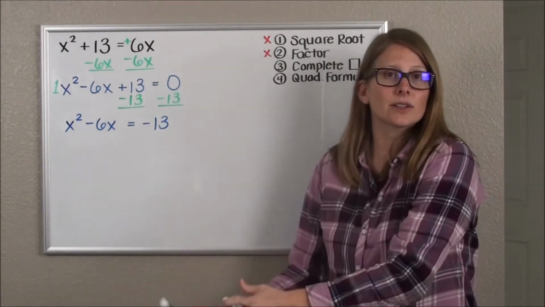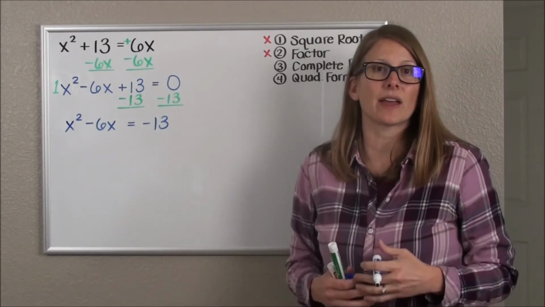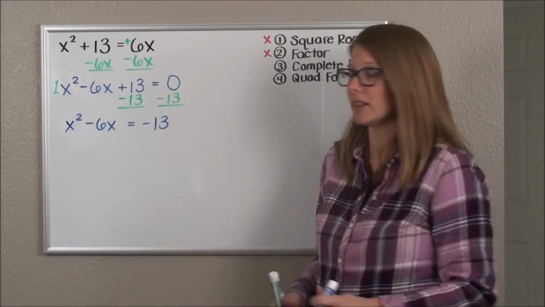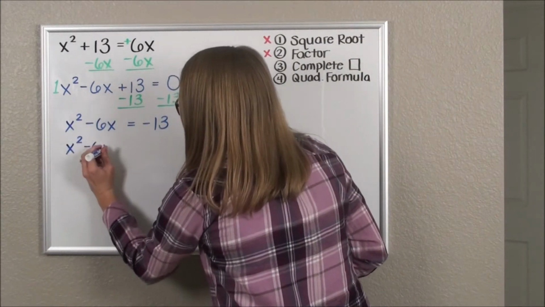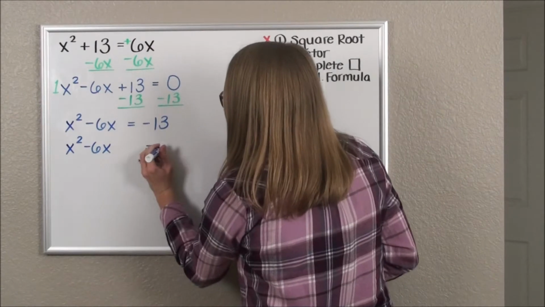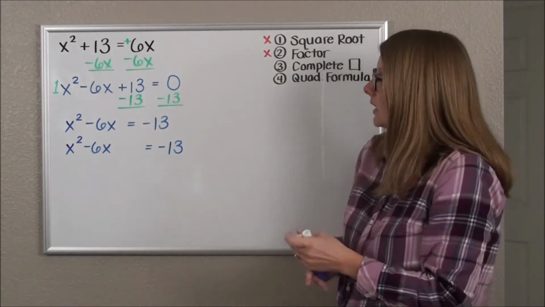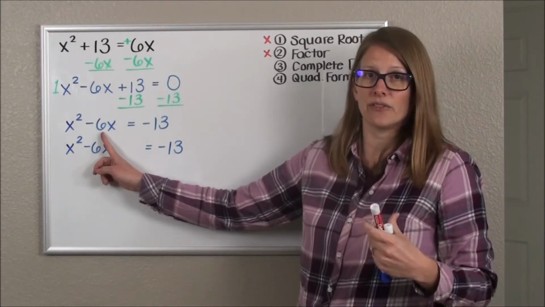So now that letters are on the left and the numbers on the right, this is the time for us to add that magic number that completes the square, the number that creates a perfect square on the left side. So I'm going to leave some space for my perfect number to get added in, and we'll do a little bit of thinking to figure out what that number is. To find that magic number, we look to the middle, we see that negative 6 coefficient on x.